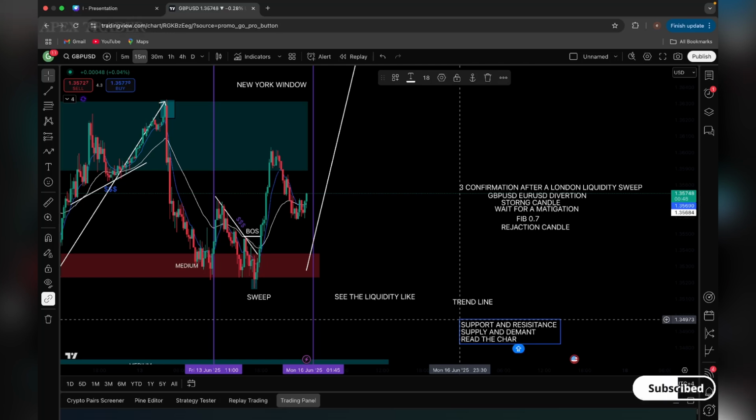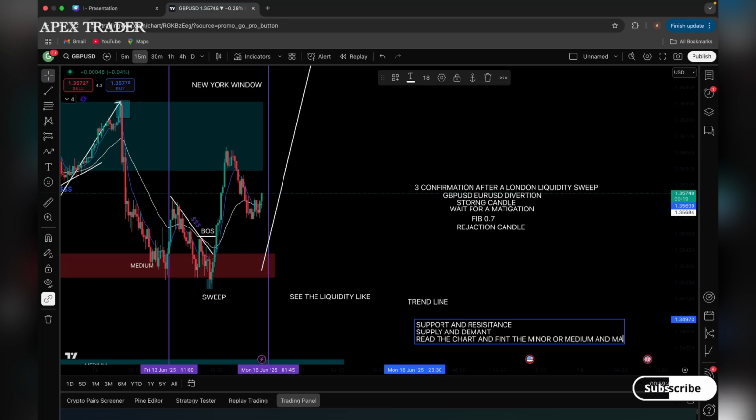Chart, read the chart, and find the minor or medium and major inducement zone.